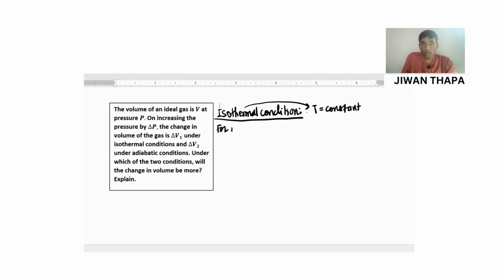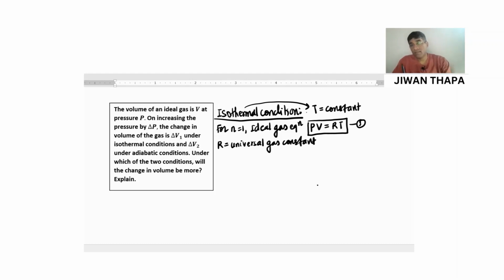Now for n equals 1, the ideal gas equation is given by PV equals RT. Let's call it equation 1, and we know R is a constant called the universal gas constant.